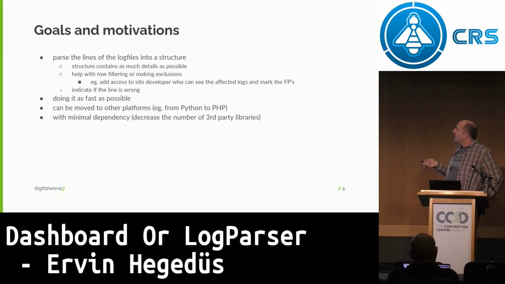Okay, indicate if the line is wrong, for example, is truncated or missing some mandatory fields. Doing it as fast as possible, of course, and can be moved to other platforms, for example, from Python to PHP or any other. And with minimal dependency, it's just my idea, so I don't want to use too many third-party libraries.